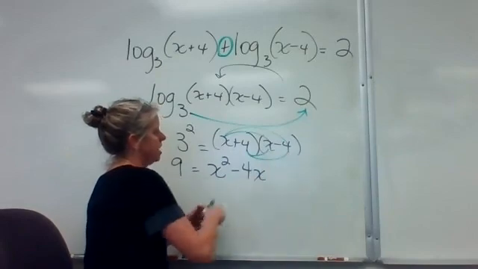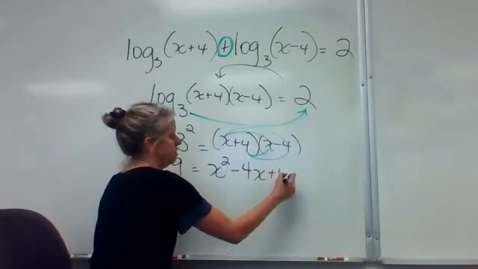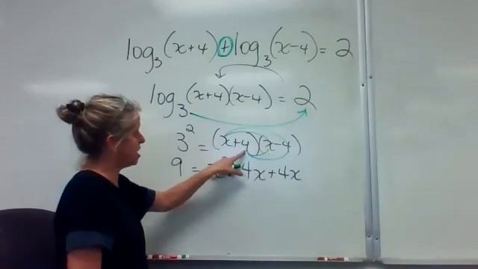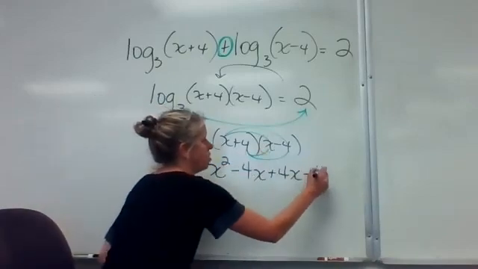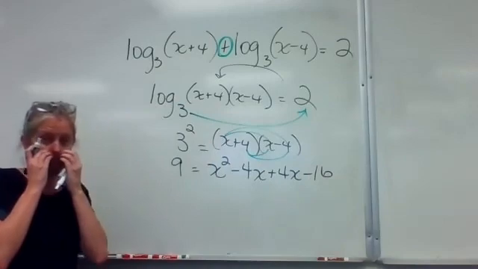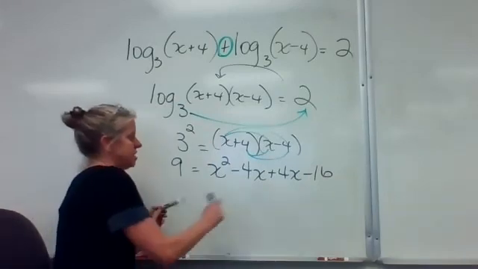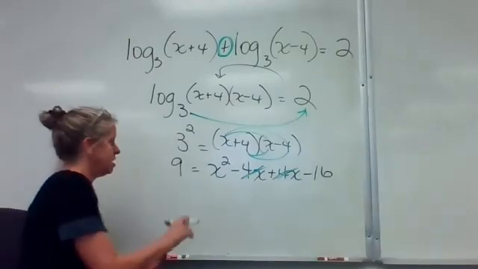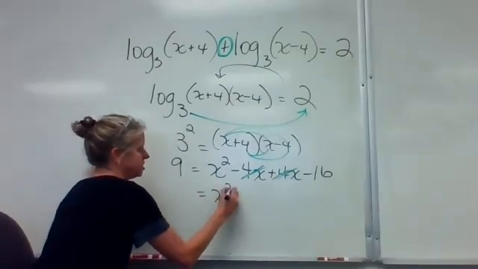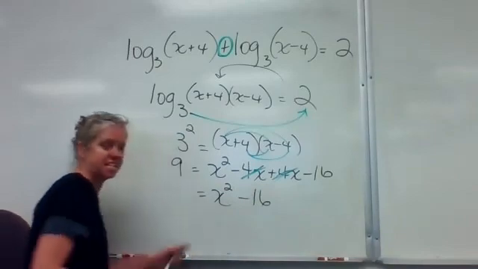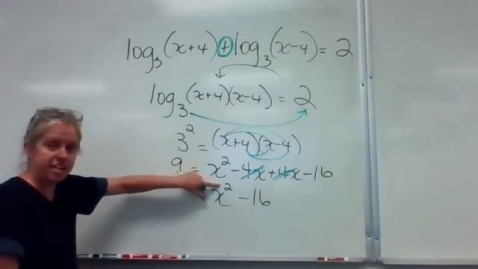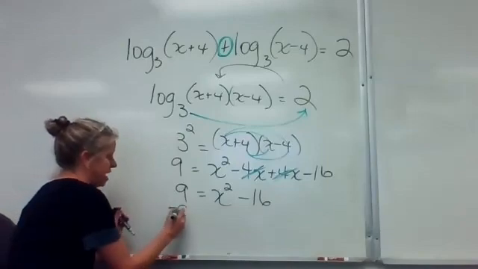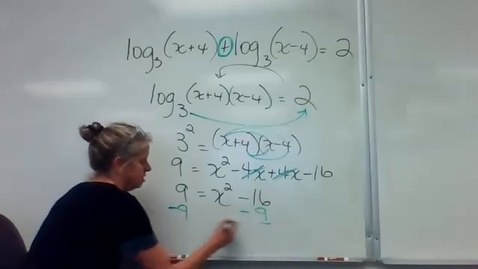My inner and last: positive 4 times x, and positive 4 times negative 4 is negative 16. What happens to these x's? They cancel each other out. So all I have on the right is x squared minus 16. It's quad again. So this 9, I'm going to have to subtract off both sides.